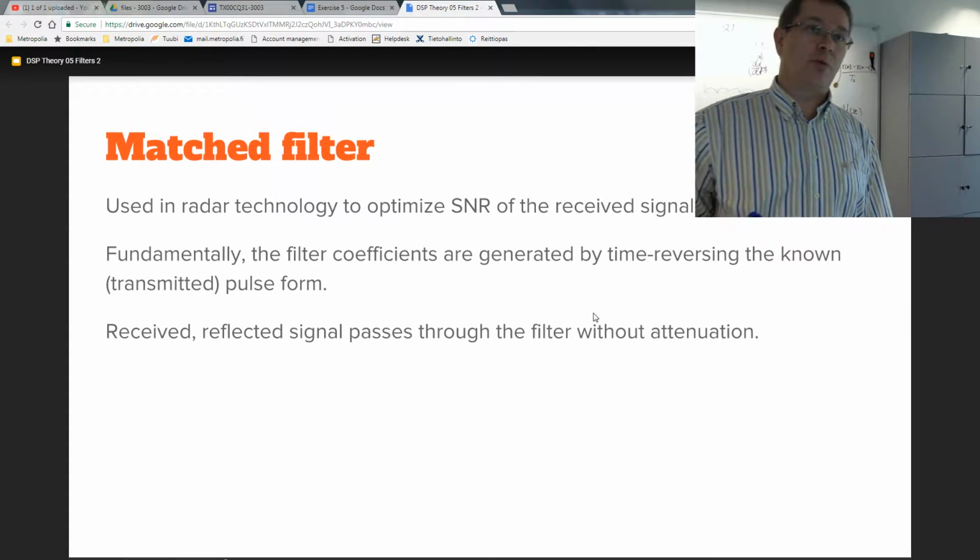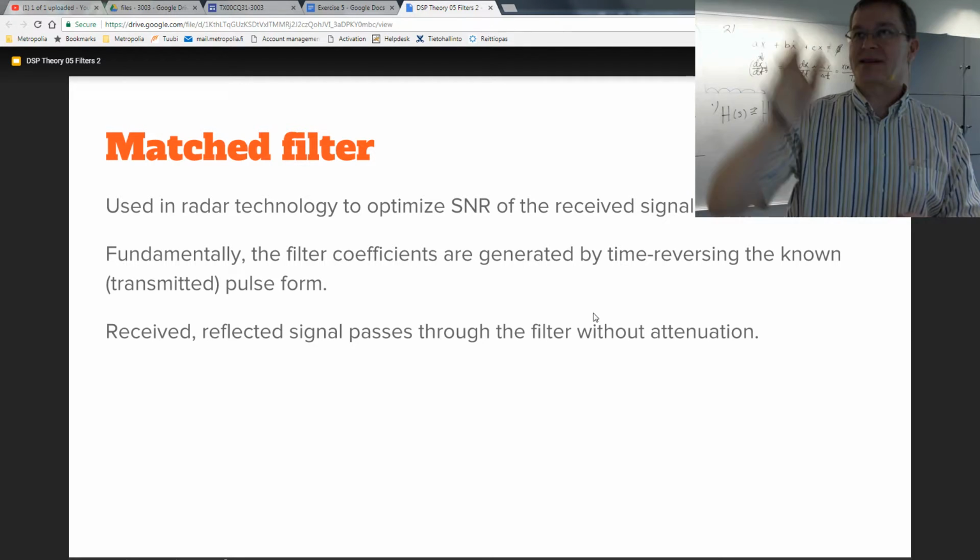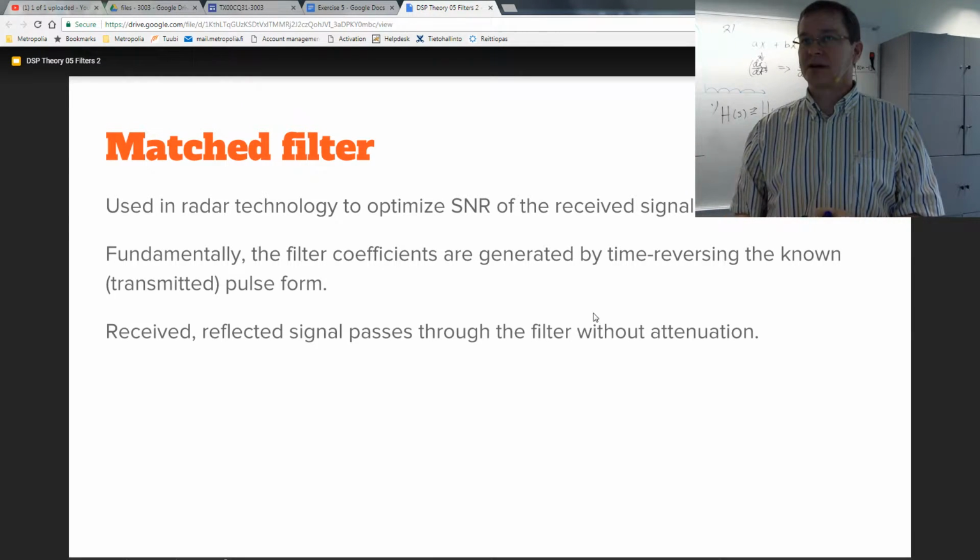If you know what you're looking for, for example an echo, like echo cancellation on phone lines, you know what you are transmitting, so you can make a filter based on that one, or an inverse filter, and remove anything that is reflected back. Fundamentally that's quite straightforward.